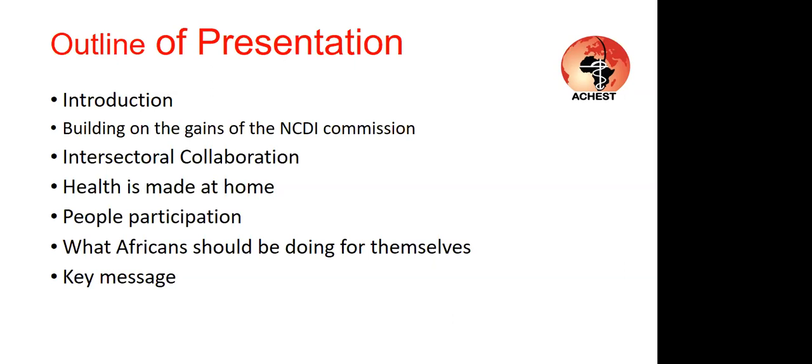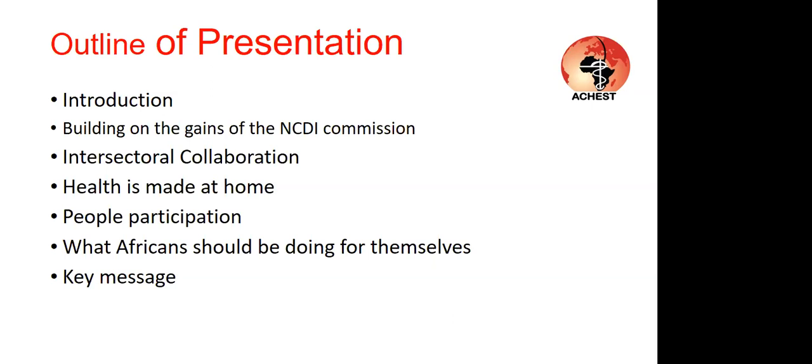My presentation, I'll give some introduction. I will elaborate on building on gains of what you have presented. I will discuss the issue of intersectoral collaboration. You have talked about it, multi-sectoral collaboration and so on. I will elaborate the importance of addressing health in the homes of people.